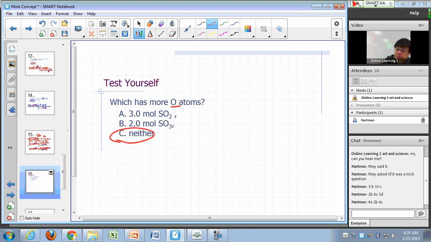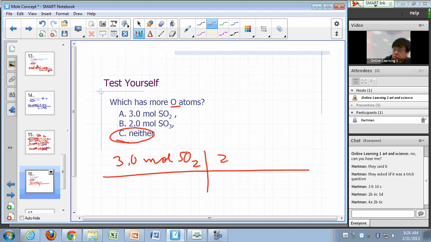Very good. Okay, so you say 3 moles SO2 times 2 moles of O for 1 mole of SO2. That gives you 6. So this has 6 moles of O.